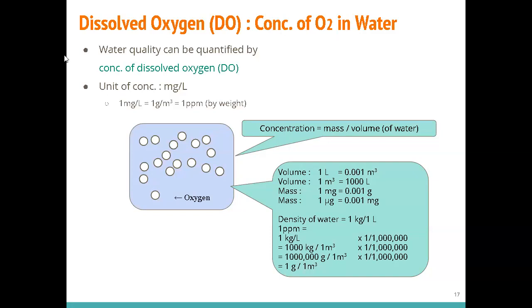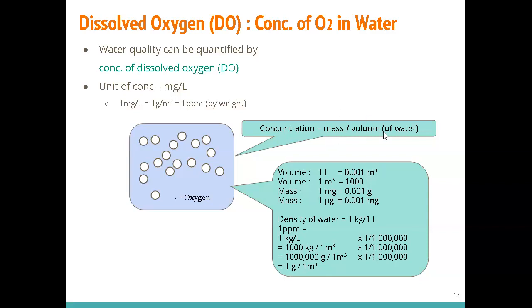Okay, so how do we quantify this dissolved oxygen? It's just the concentration of O2 in water, right? Concentration of dissolved oxygen, DO, and we can use different types of units here.